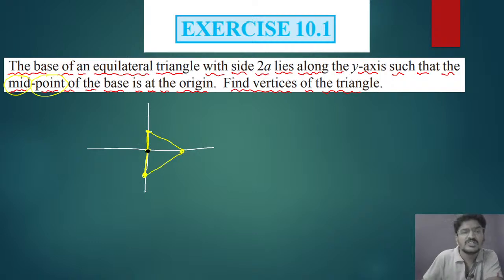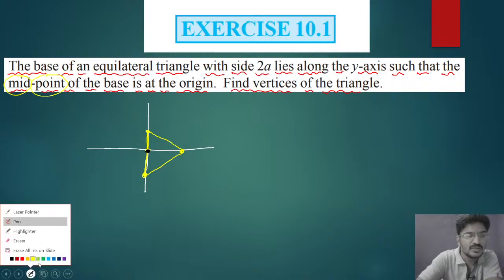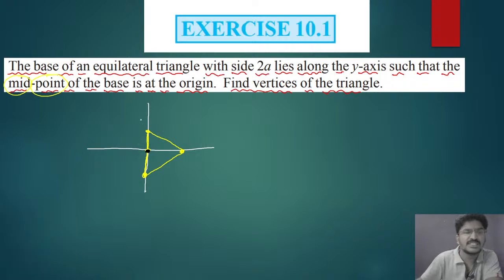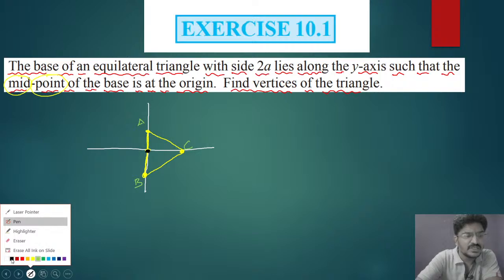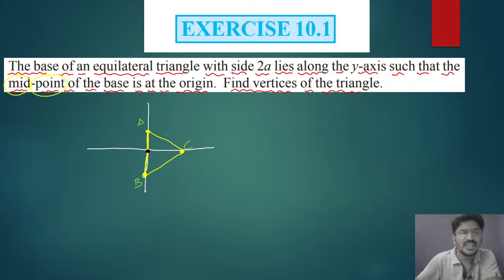Okay, so now I have to find the vertices A, B and C. If the length is 2a, here AC will be 2a, the length of BC will be 2a, this is the origin O, and AO will be a, BO will be a.